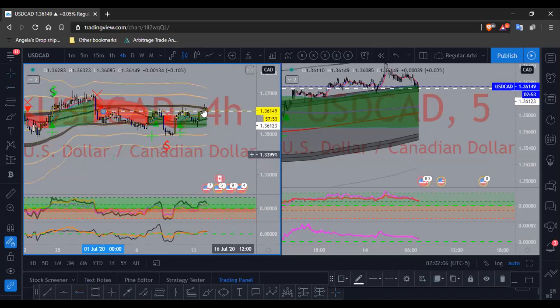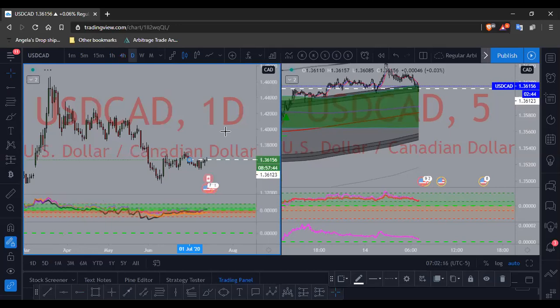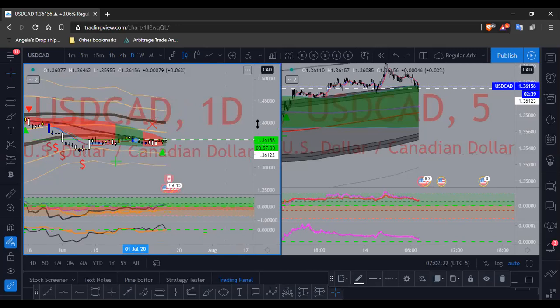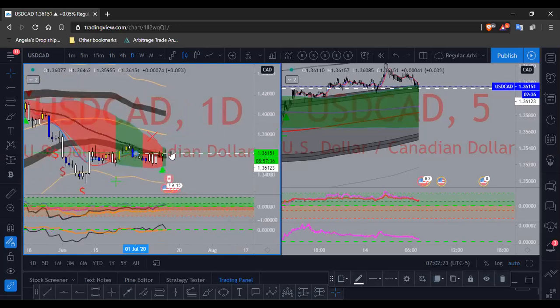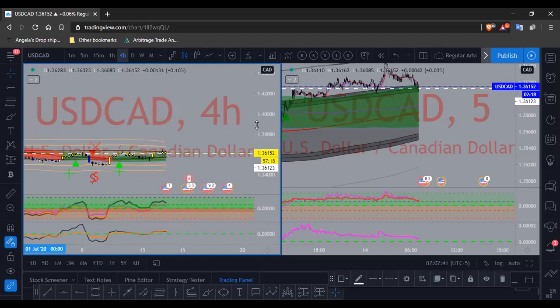As of right now, I would want to see a deeper pullback, maybe back to the RSI line, although I might be asking for too much with that, because on the daily time frame, price is already called for the buy. So price could definitely keep going bullish from this level. But I would definitely want to see price come back down to 1.35700. That's where the RSI line on the daily is, for me to get into a better risk to reward probability trade for UCAD.